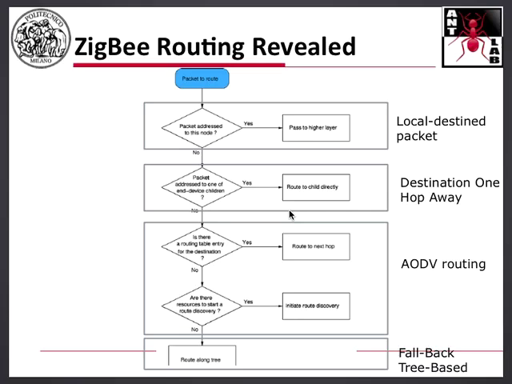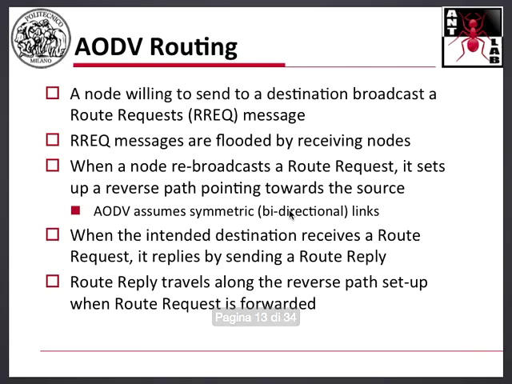In few words, the process is on demand, which means that the route is discovered only when needed. The route discovery is based on messages called route request messages. So a node has a packet to deliver to one specific destination, but the route to it is not known, so the node has to find out what the route to that destination is.